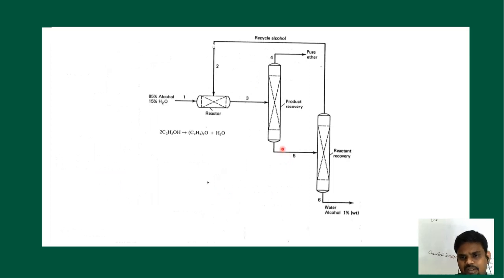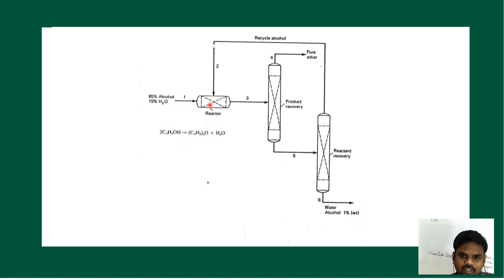Another example I can give is a reactor where, let me say, some alcohol is being converted into ether. So some raw material is entering. This is a simple flow diagram for our material balance or energy balance purposes. We have a reactor to which the feed containing 85% alcohol and 15% water is entering. The reaction takes place in this reactor.